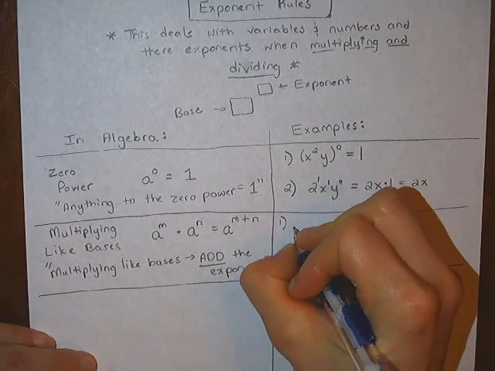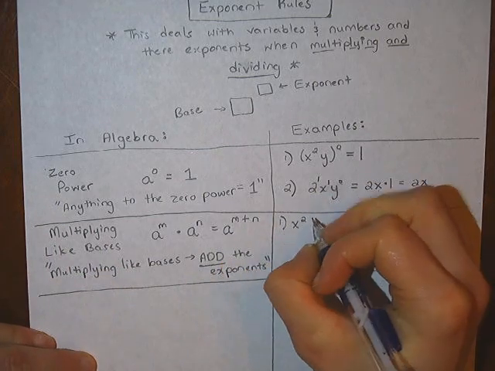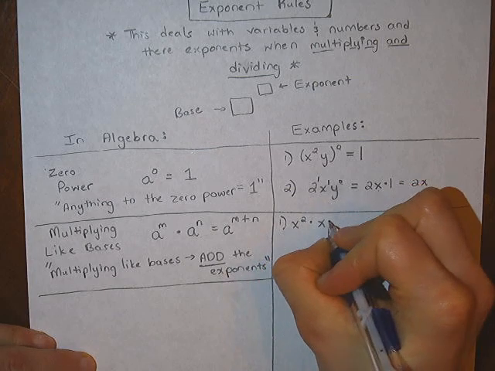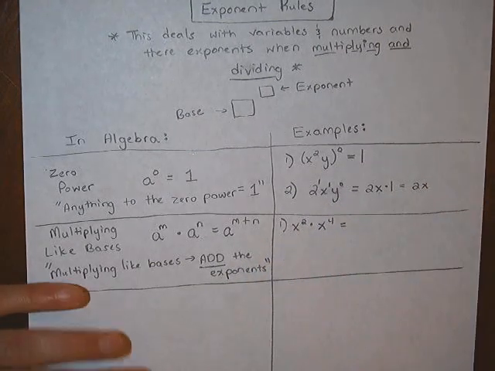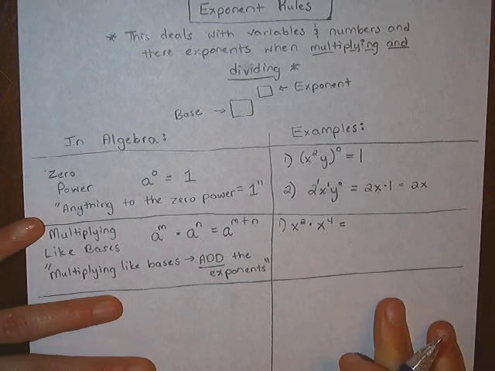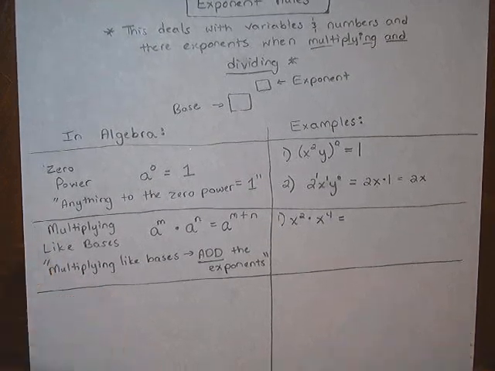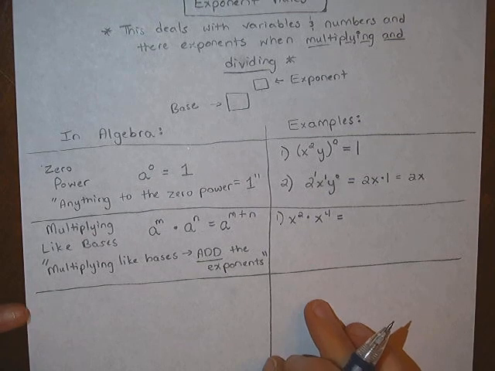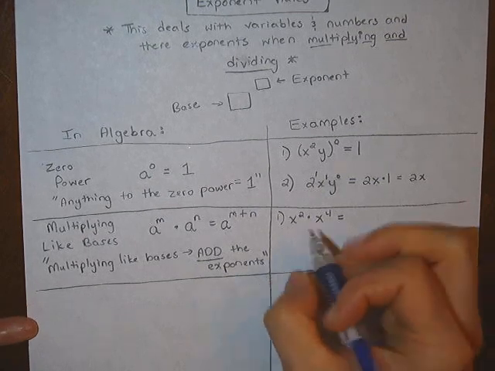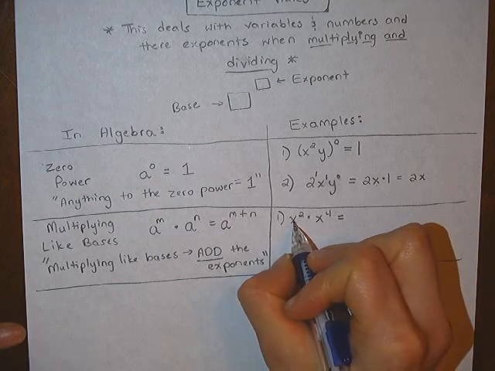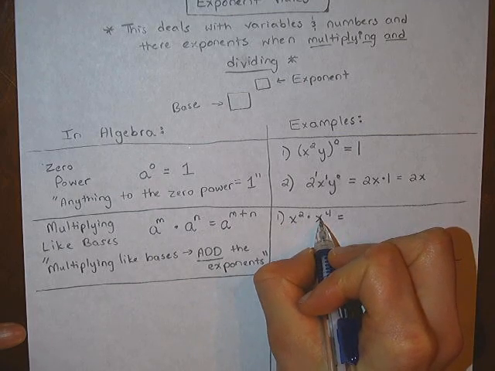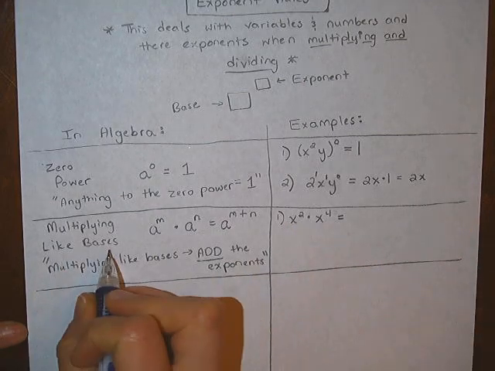Let's say that you've got x squared times x to the 4th. Okay, and you have to figure out what that equals. And usually with these problems, they'll say something about simplify this expression. And so to simplify it, look at the bases, look at what's going on here. The bases are both x, so that means that they have like bases.